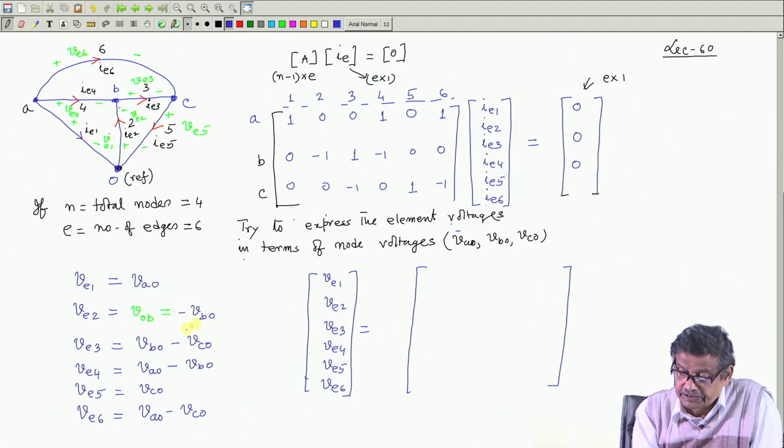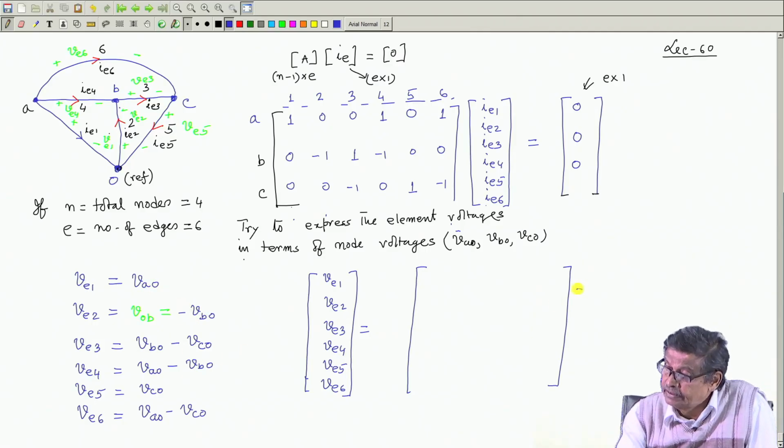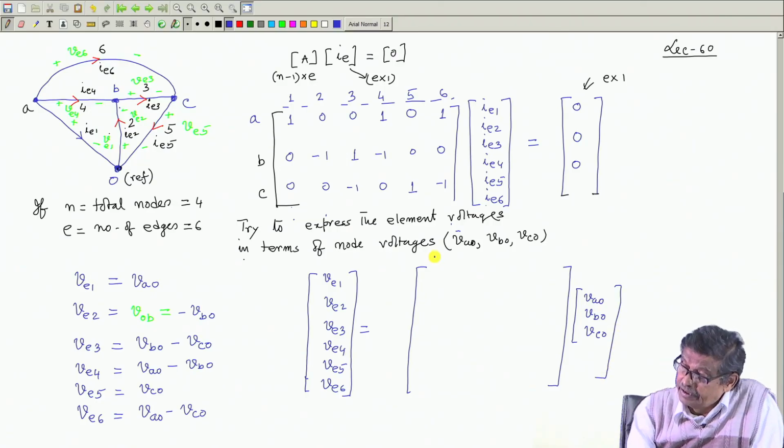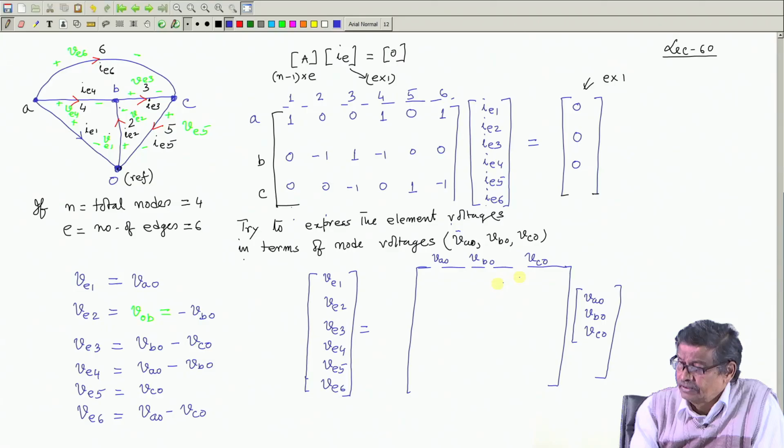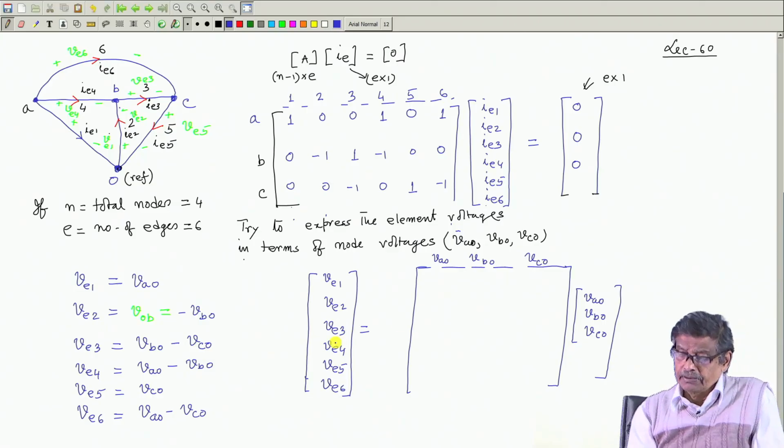Only 3 node voltages participate. This side I will write V A 0, V B 0 and V C 0, and here I will also write V A 0, V B 0 and V C 0. This is no entry, just so that I will never be making mistakes.